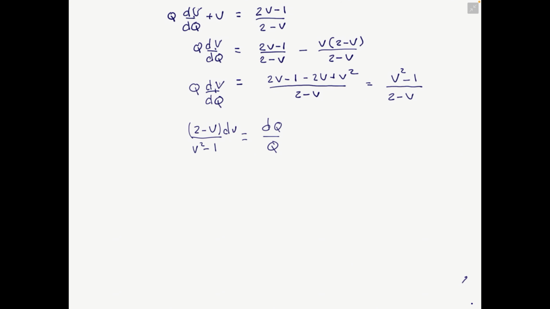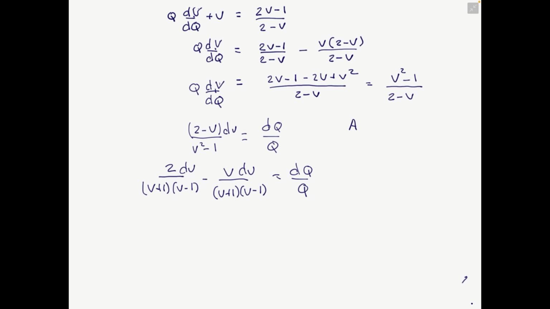And so we got 2 on (v plus 1) times (v minus 1) minus v on (v plus 1)(v minus 1) dv equals dq on q. And as you notice, we've got the same situation as in the previous problem, where we have to use partial fractions.